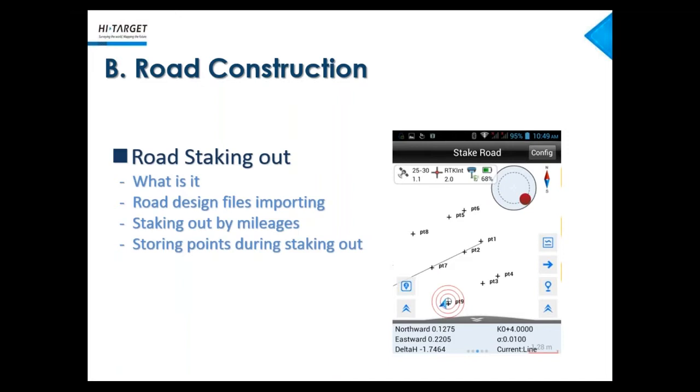So I stake out, and also store the points. From this image, you find that I have already stored 3 points from the center line and 6 points of the side points with the offsets. So they are the edge and the center. And points 7, 8, and 9 are on one cross section.